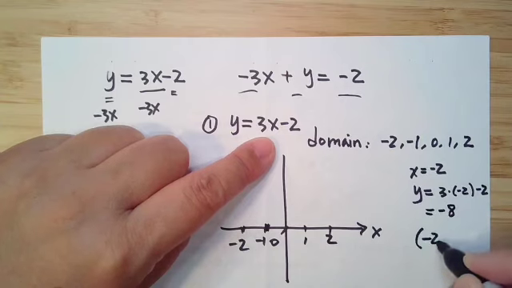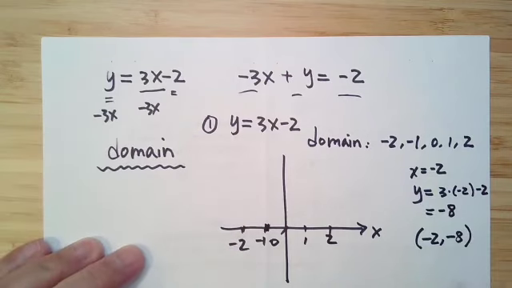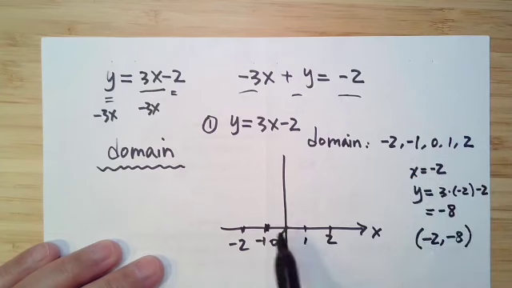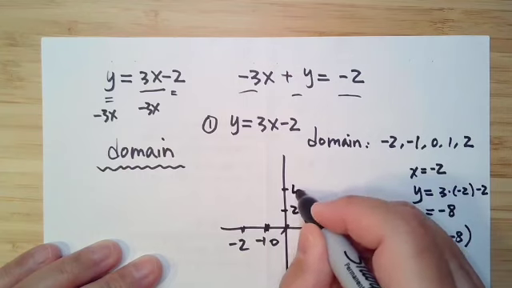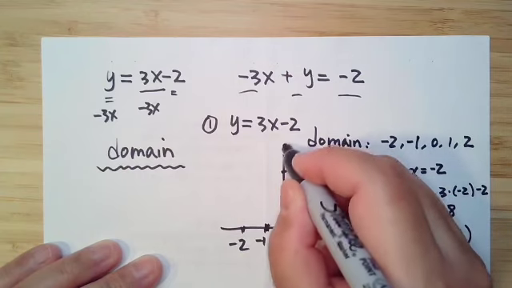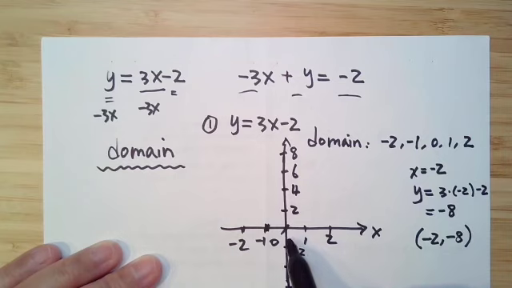So we have a point, negative 2, negative 8. When x equals negative 2, y equals negative 8. On the y-axis the other side is negative 2, negative 4, negative 6, and negative 8. Did you notice that my unit on the x-axis is a little different than the unit on the y-axis?